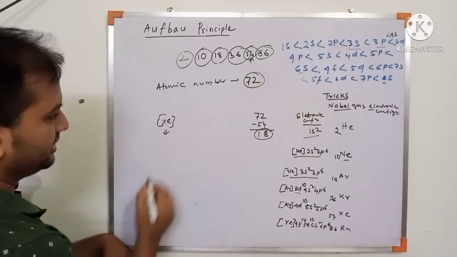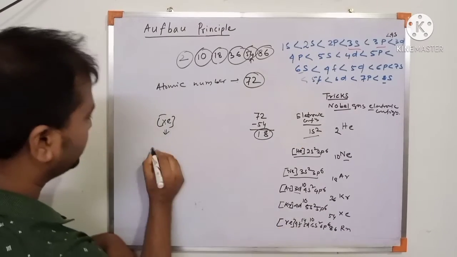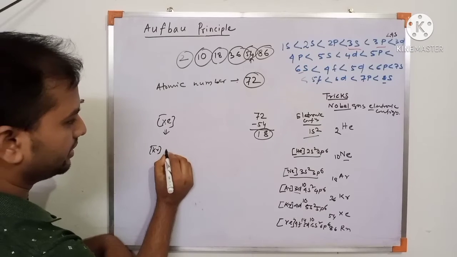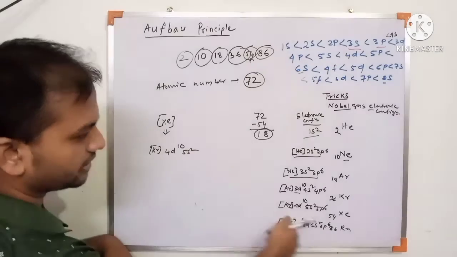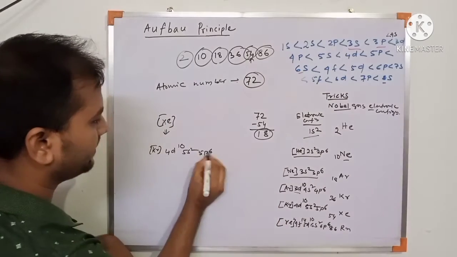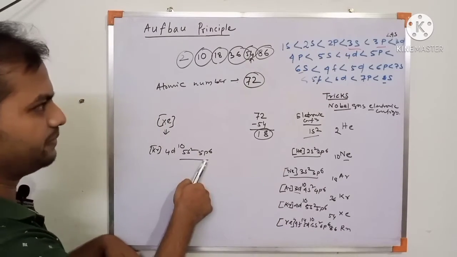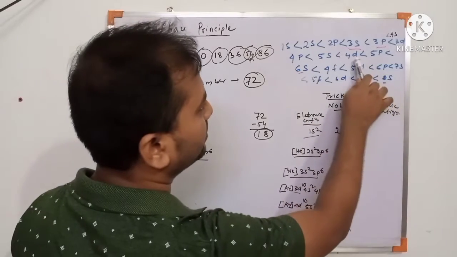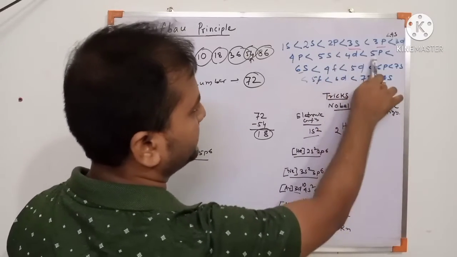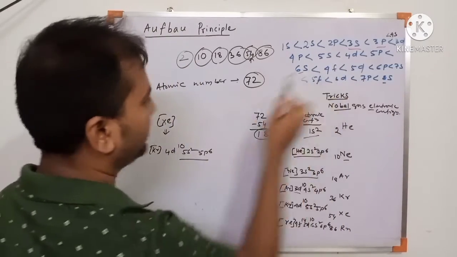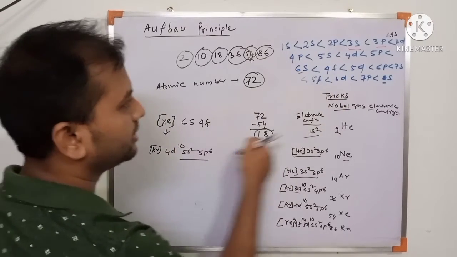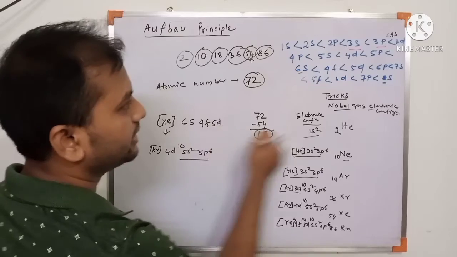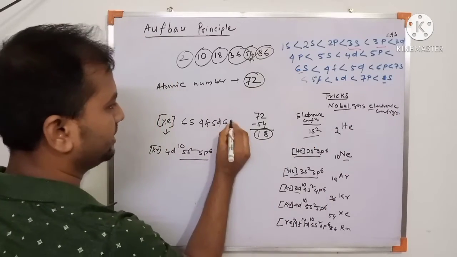Xenon's configuration is krypton, 4d10, 5s2 and 5p6. The remaining orbitals are 6s, 4f, 5d and 6p.